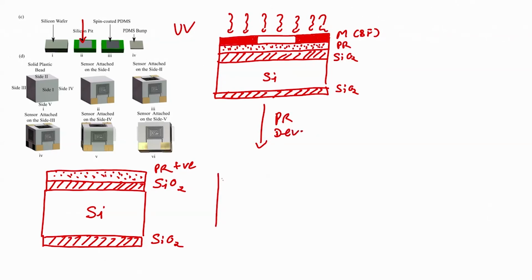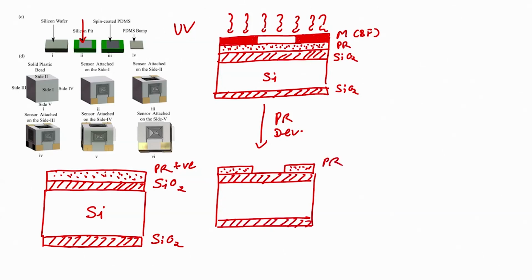What will we have? We will have an oxidized silicon wafer with photoresist protected in this particular area, right, because we are using positive photoresist. So, the area which is not exposed will get stronger, correct.